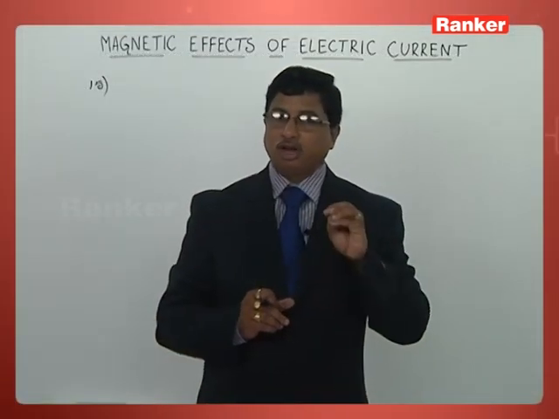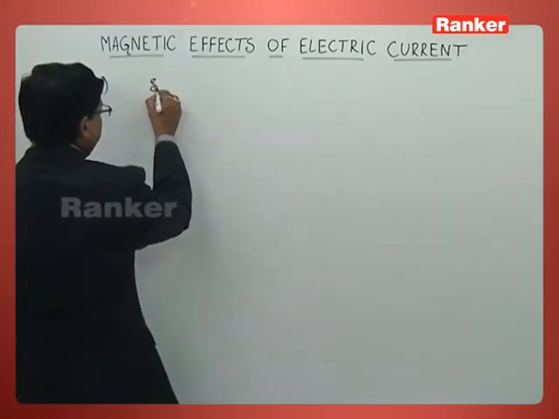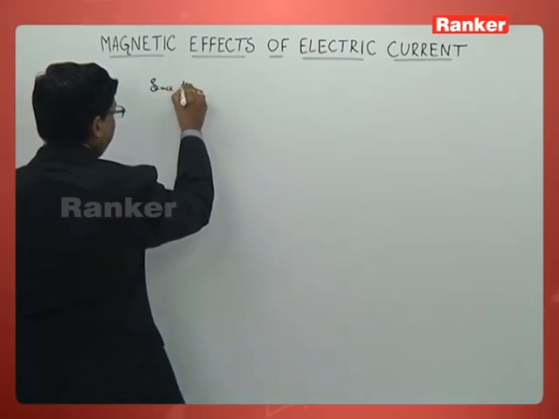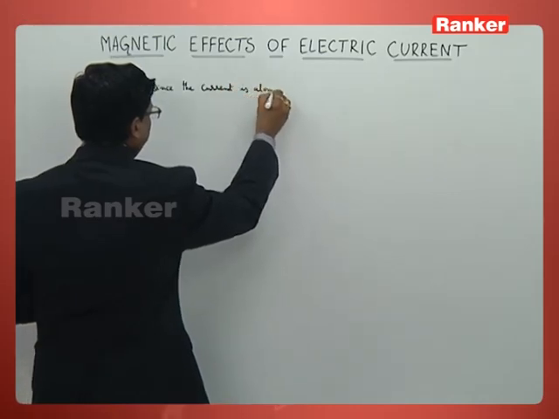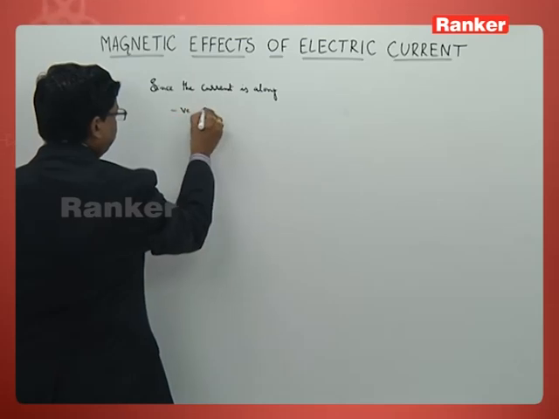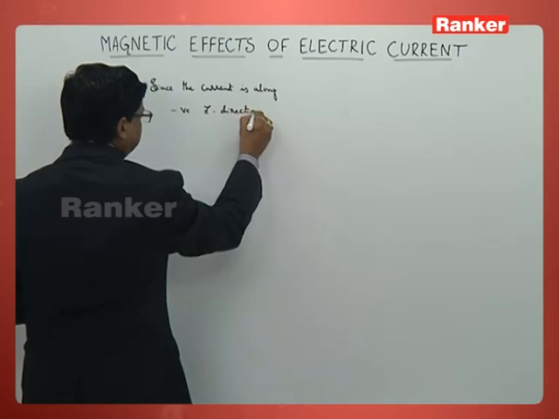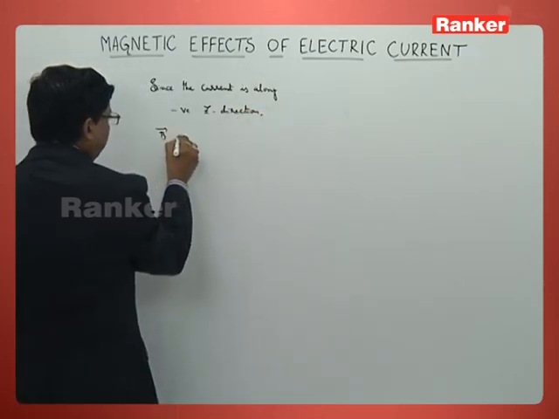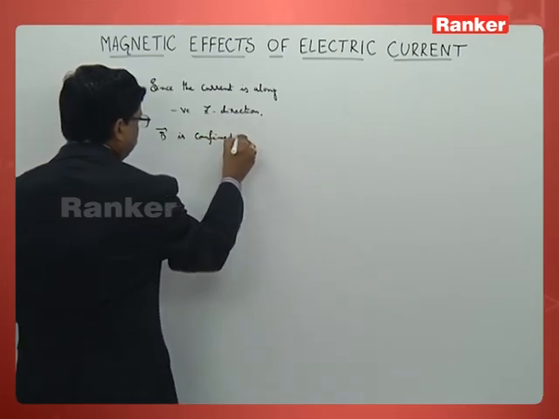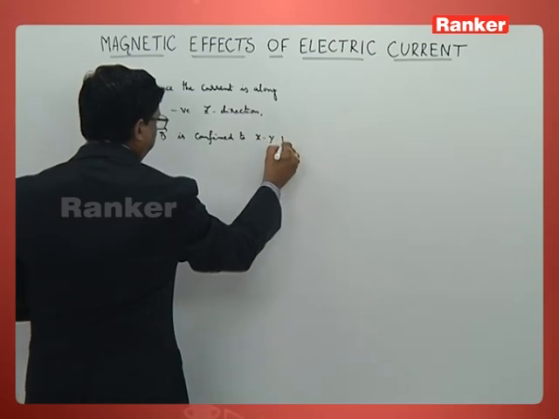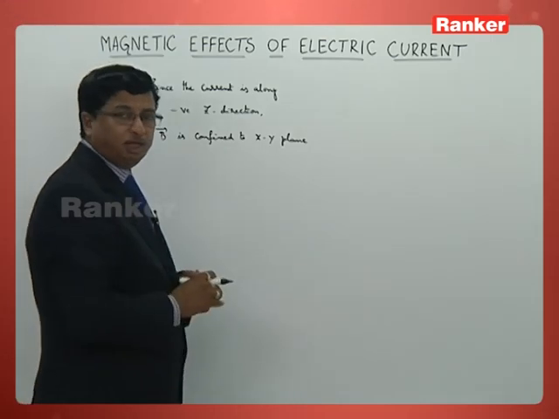First and foremost, you should understand that since the current is along the negative z direction, B bar is confined to the xy plane.